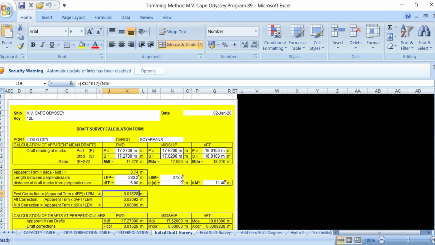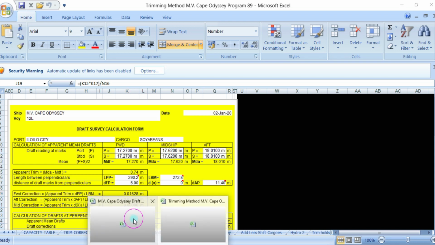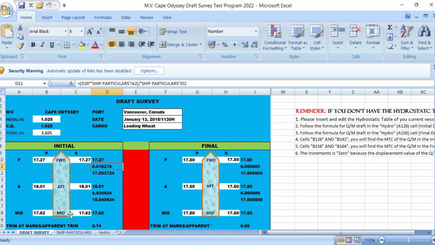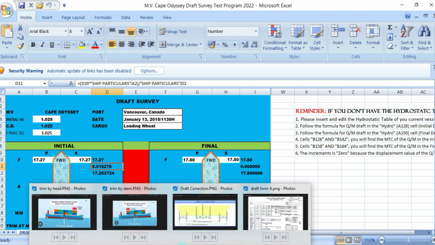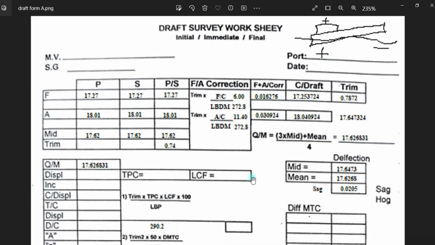So port and starboard, you get the mean draft of 17.27 in your forward draft. Your aft draft will be 18.01, and your mid draft will be 17.62, which is upright.